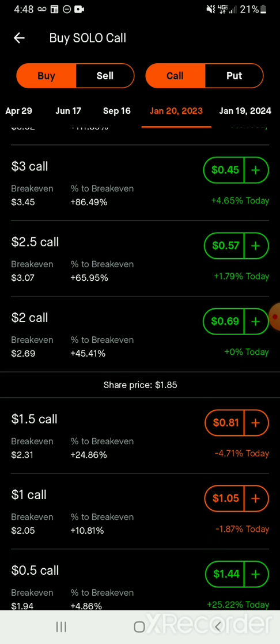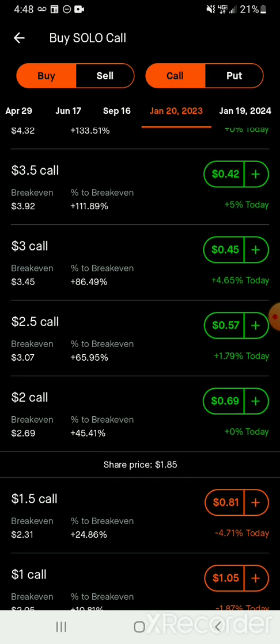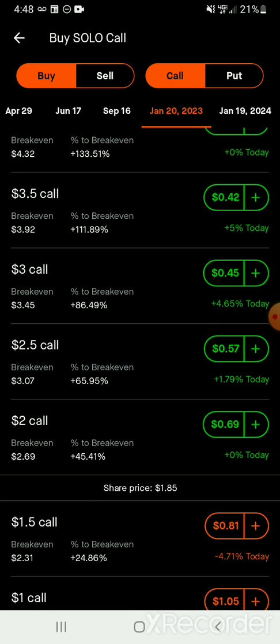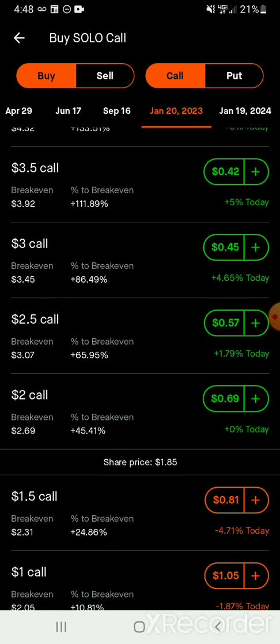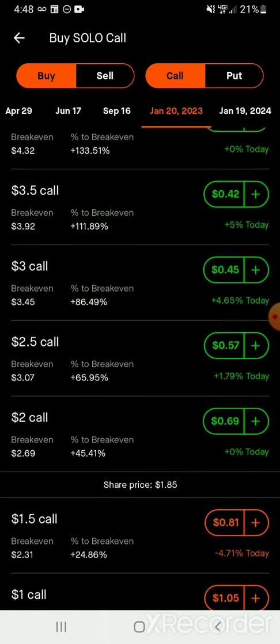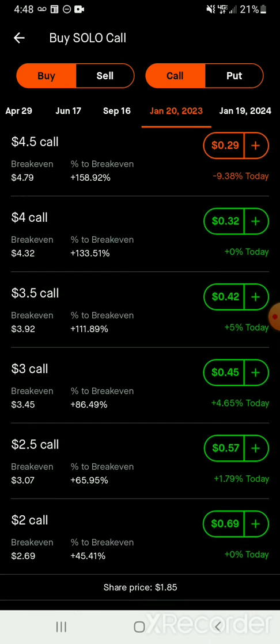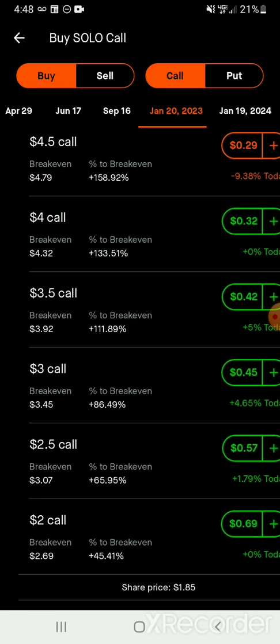And as long as any time by January, this stock recovered a bit, like to $2.50, $3.50, or $4 per share, then you could probably sell this contract or exercise it for about $50, $100, $150, or $200 profit.